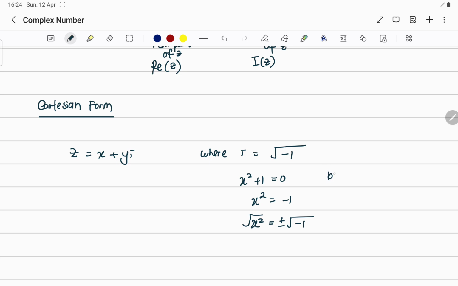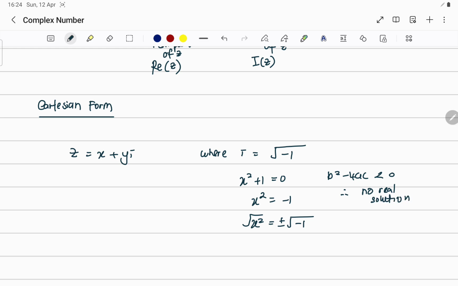Just like b squared minus 4ac, which we use to find the number of solutions of a quadratic function: when you substitute a, b and c and get less than 0, there is no real solution in the quadratic function.